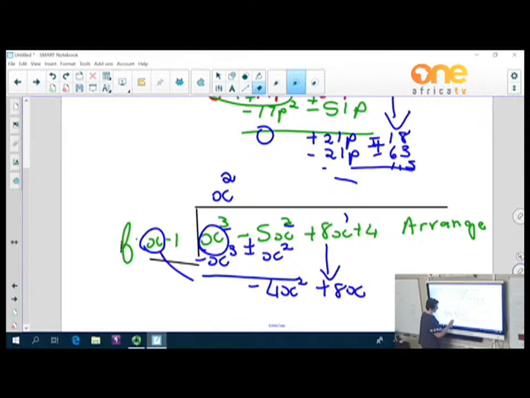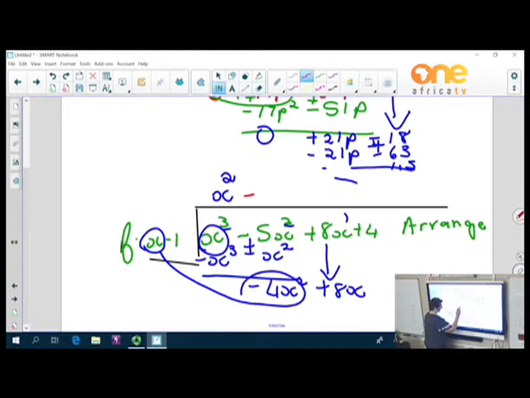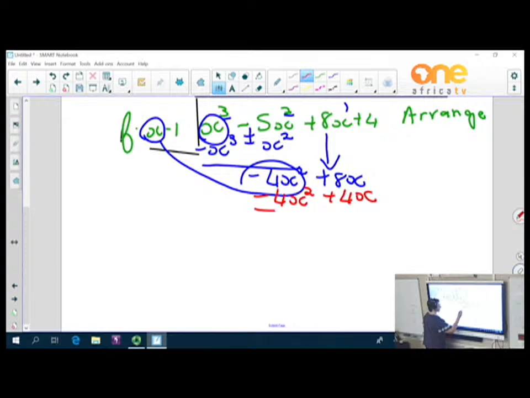How many times will x divide into this one? Negative 4x times. If we multiply now, we have negative 4x squared, and there it is positive 4x. We want to subtract here. Sorry, that's negative. That one eliminates, and this is then positive 4x.